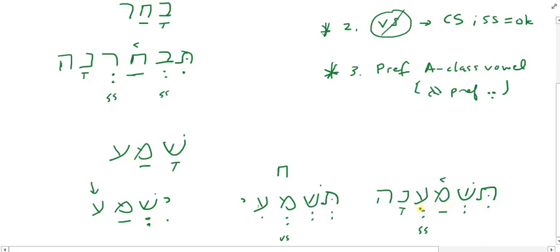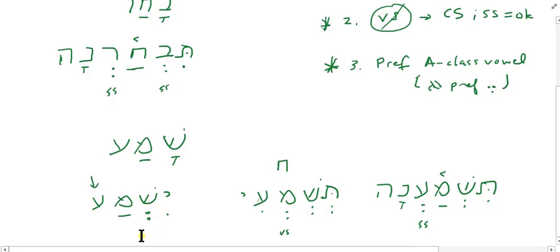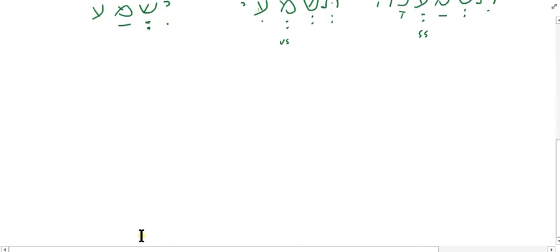The third verb that Ross gives you under 17.2 is the verb matzah, which means to find. Matzah is not just third guttural like Shema is, but it's got an aleph as the third root guttural.